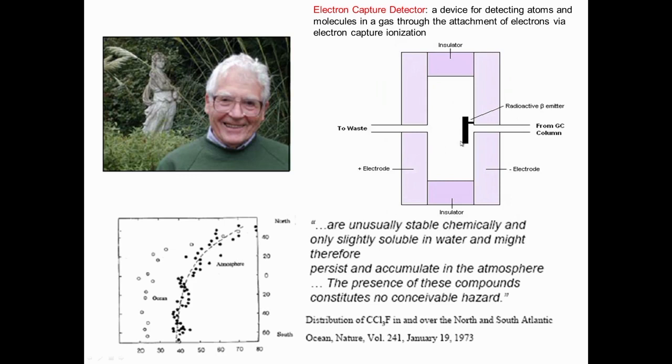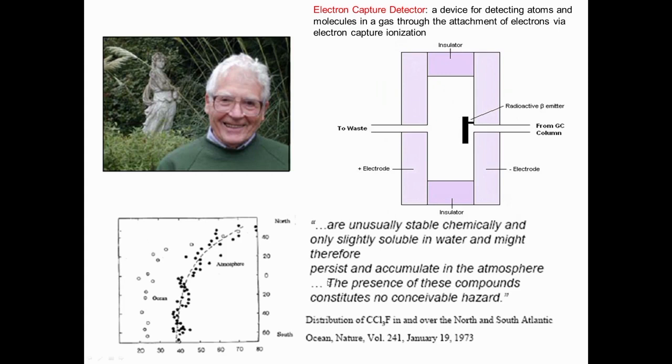That will develop a current between the cathode and the anode when these two are connected up. If a gas absorbs some electrons, then it reduces the amount of current, and the reduction in the current is proportional to the amount of gas. So the electron capture detector was able to detect these very, very small concentrations of CFCs that came out of a gas chromatography column.